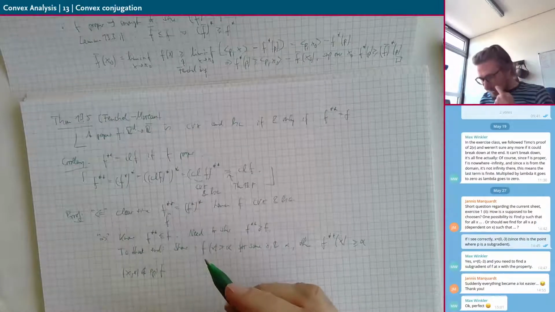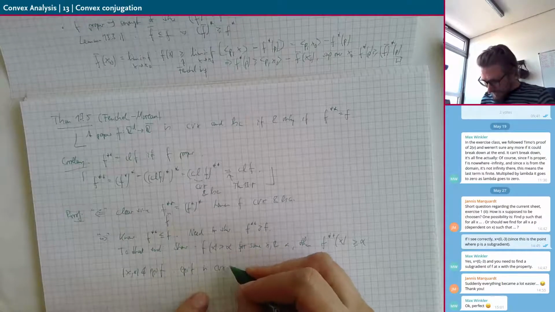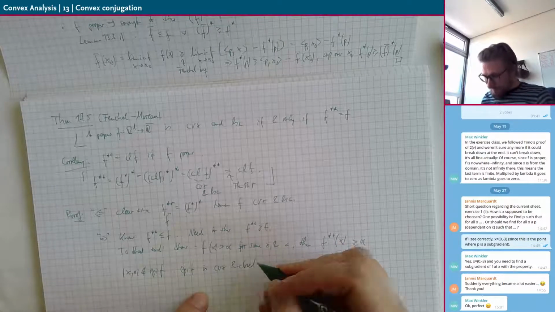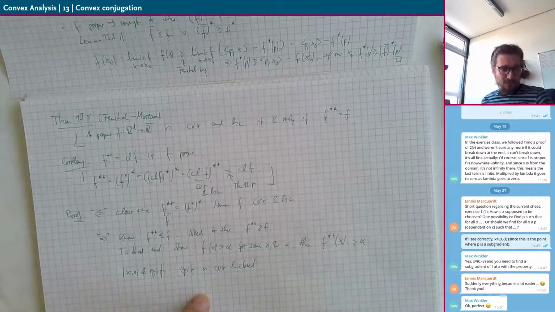And so here now we have that the epigraph of f is convex and closed, because the function is convex and lower semi-continuous, and this is actually where you also already need it.